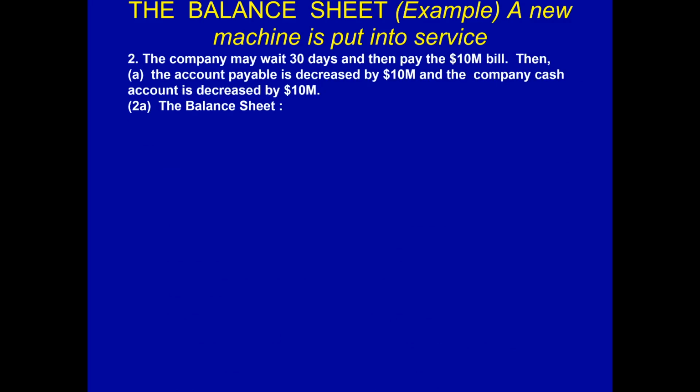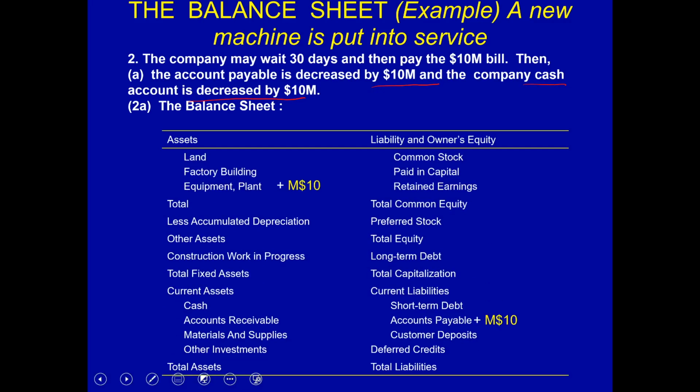The company may wait 30 days and then pay the bill, $10 million bill. Then the accounts payable is decreased by $10 million and the company cash account is decreased by $10 million. Look at that. We have the situation that accounts payable was 10 million and 10 million in the equipment.